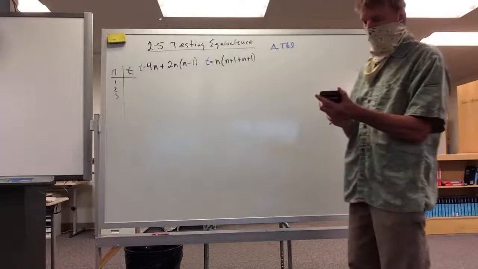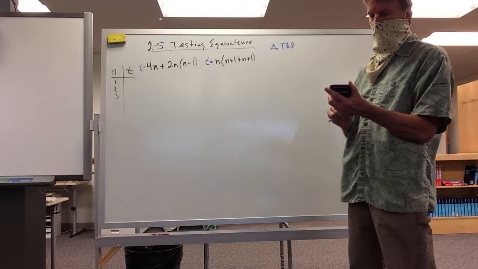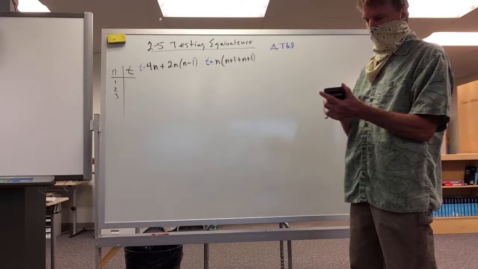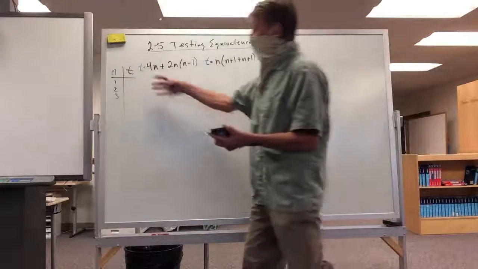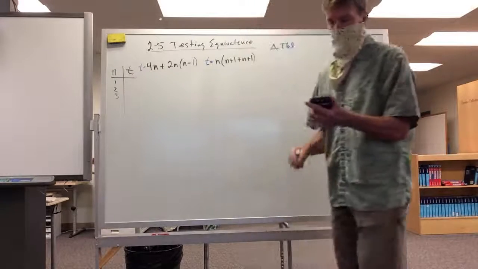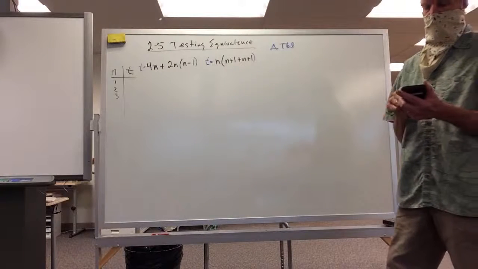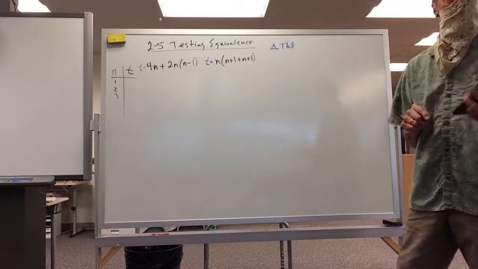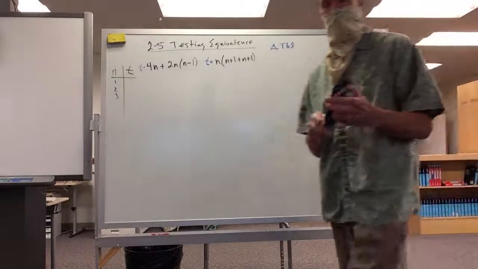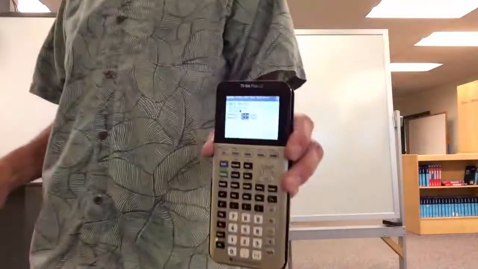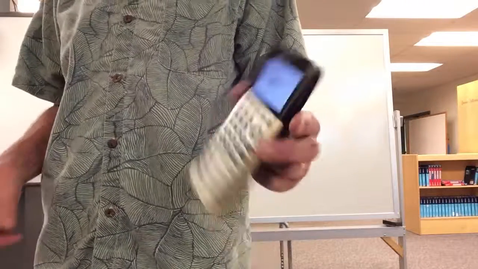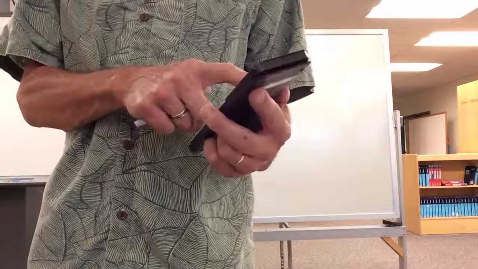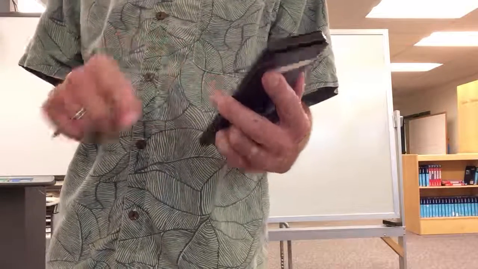So let's start our table at 1, because if this is a sequence, we could start at 1. And then let's have delta table at 1. Change it so that you have 1 and 1. And then over on the right, I think it says graph, but the second function is table. So second, and then the graph button.